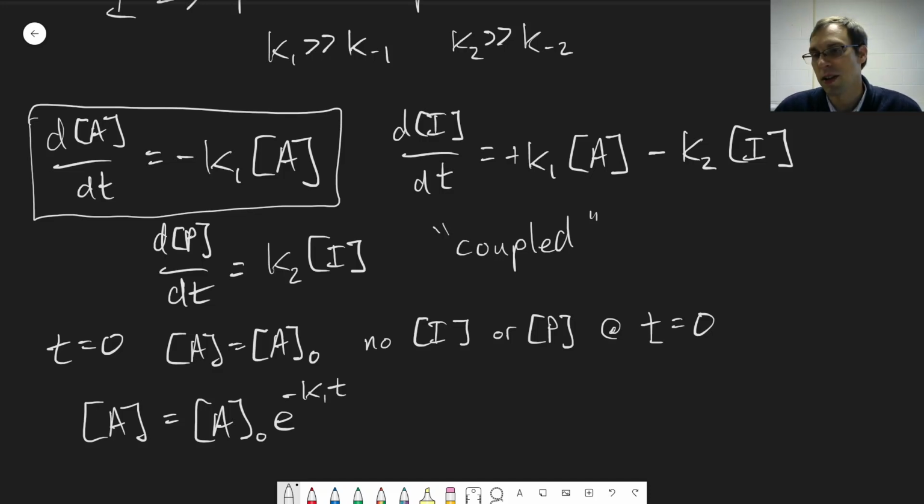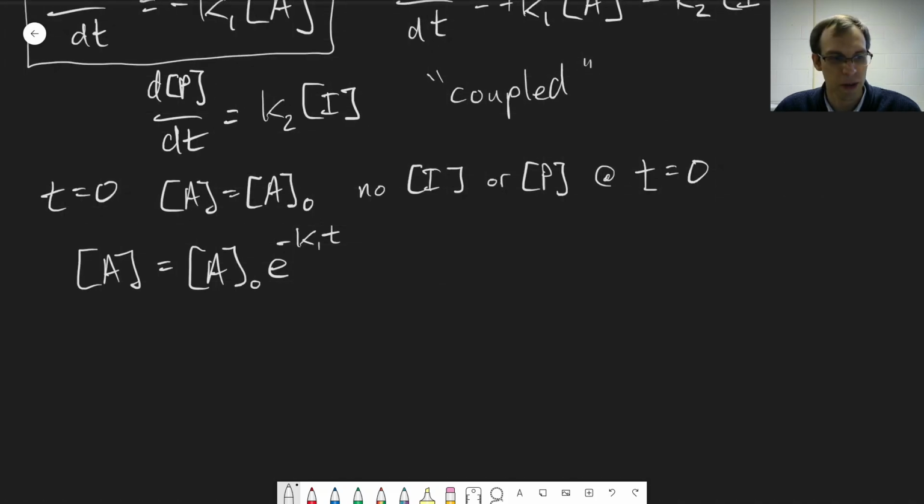We can also find equations that describe I and P. We will not go through the derivation of these, but we will look at the results. So the concentration of our intermediate, which depends on the concentration of A, looks like this.